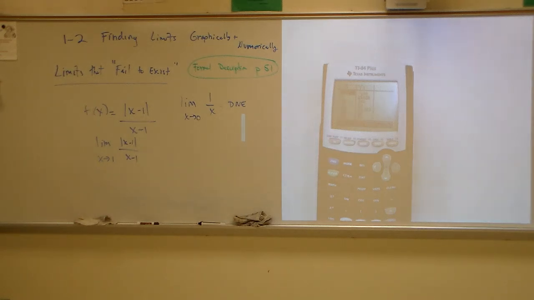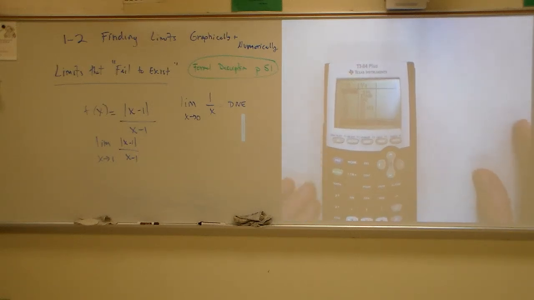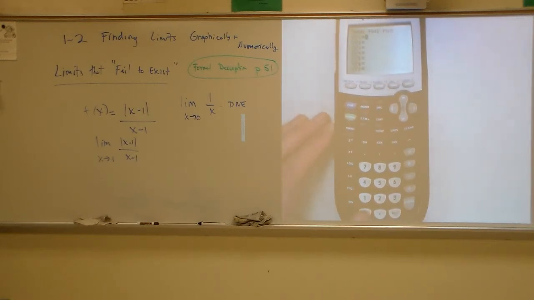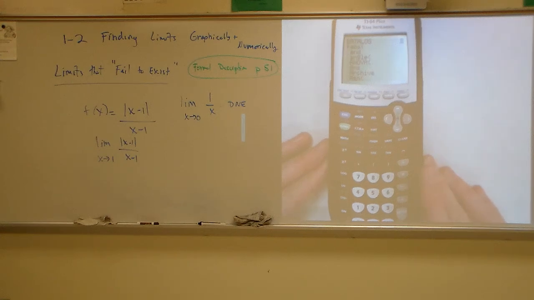So let's look. I think it's with catalog. We're going to probably have to fiddle with this a little bit. I don't spend a lot of time graphing absolute value functions on it. So let's go to our y equals, clear that out, and then use catalog, which is down here with 0. I hit blue 0 for catalog, and I want absolute value.